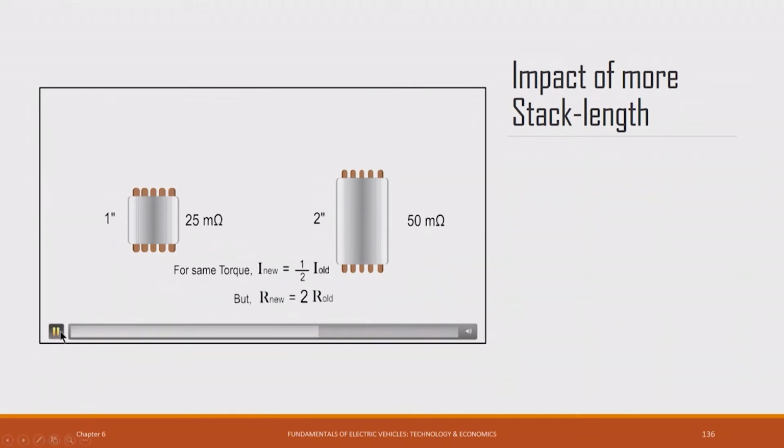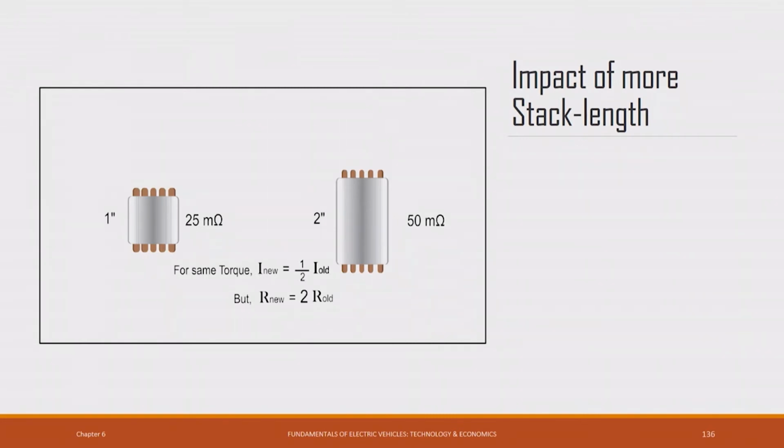But again, as I was saying, the coil is now longer. If the coil is longer, it means the area of the coil is doubled, because length into width is the area. And if the area is more, flux linkage is also doubled.